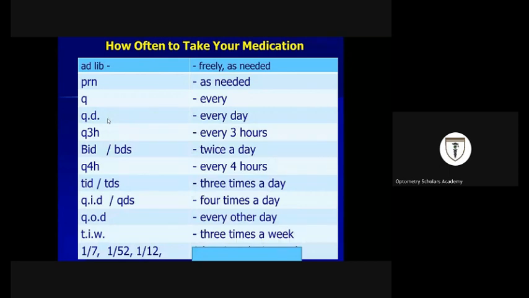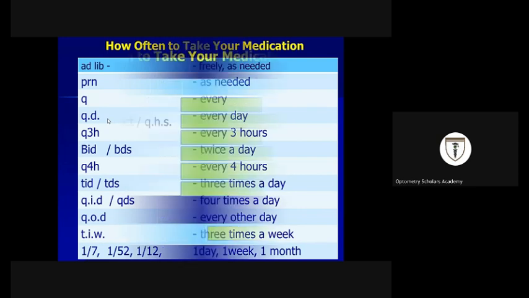Then 1/52: 52 means weeks, because there are 52 weeks in a year. So 1/52 means this drug should be taken just for 1 week. 1/12, 12 there means 12 months in a year, so 1/12 means this drug should just be taken for 1 month. So 1 day, 1 week, 1 month.